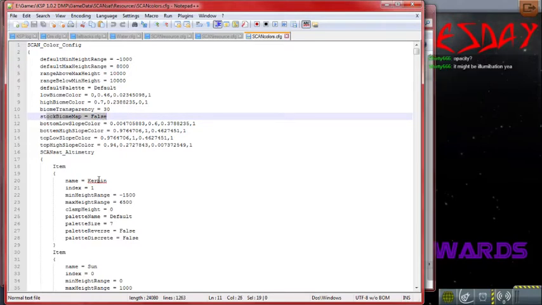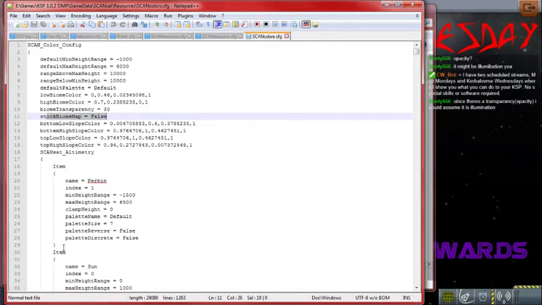Stock biome map false. Now we know what the stock biome map is, so why would the value be false? That one's an interesting config value.